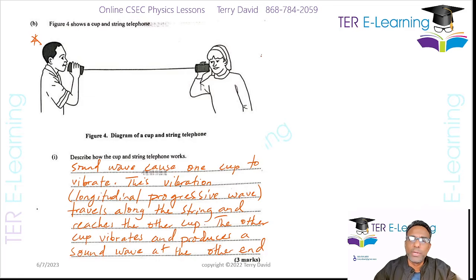But the key words that you probably need to say here would be longitudinal wave. You probably need to say progressive.